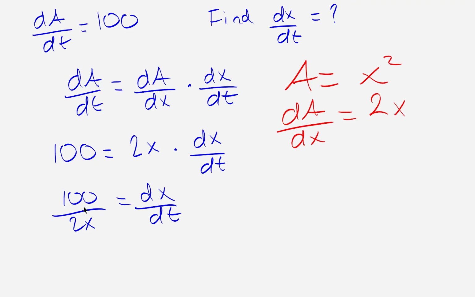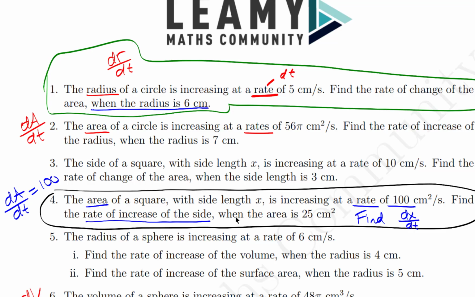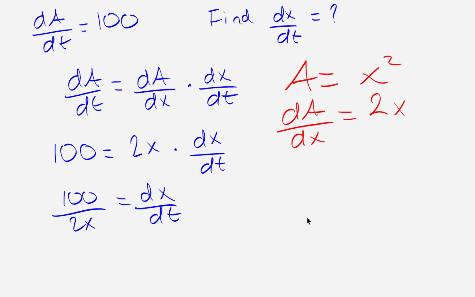And once again, there will be something to fill in for x. If we go back and look at the question, it says when the area is 25. If we have a square and the area of that square is 25, that means the side length x must be 5, because 5 by 5 gives me the 25.